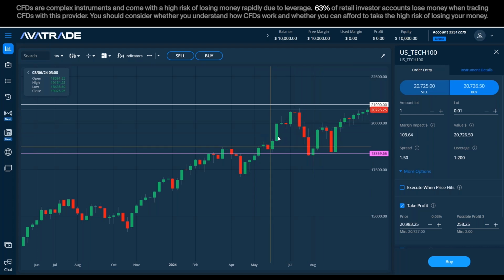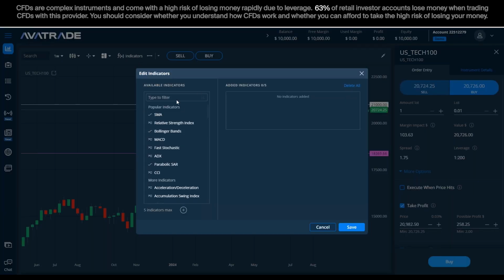This indicator is called average true range, and it does exactly that. What it does is analyze backward the amount of candles you choose. So I go here to indicators, type in ATR for average true range. Then I click and drag it to the right. And in here I can choose how many candles the ATR is going to analyze.